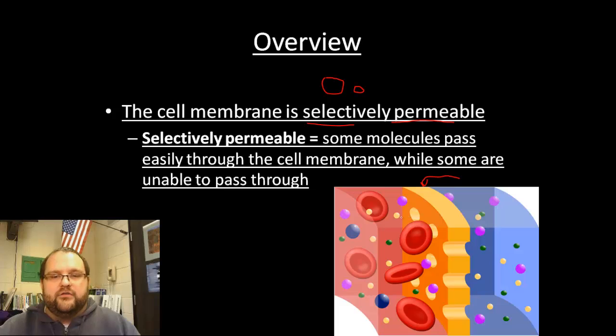Well, some molecules are small enough that they can easily go through the cell membrane, while other things are far too large to pass through. So that's one of the main reasons why some things pass through and other things do not. Now, because of the chemistry of a cell membrane, there are plenty of other reasons, but that's a big part of selectively permeable.